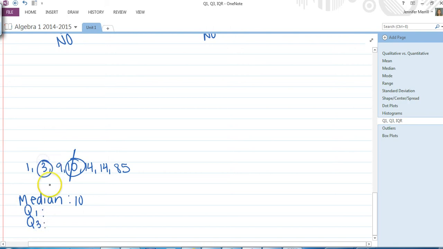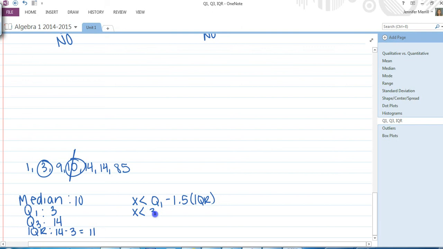If I look at Q1, my first number is 3, and Q3 is going to be 14. At this point, I can go ahead and look for outliers. I have my IQR, which is going to be 14 minus 3, which is 11. And then for those outliers, I have x less than Q1 minus 1.5 times that IQR.